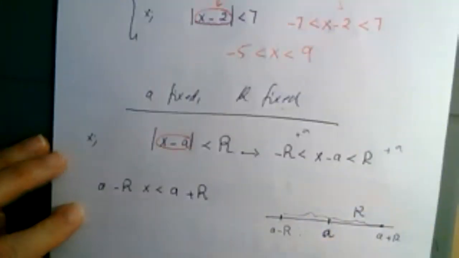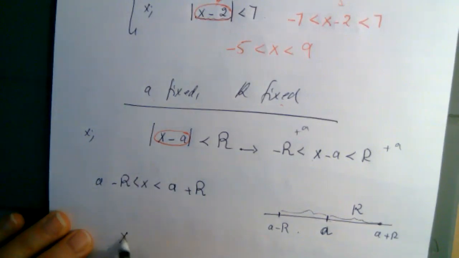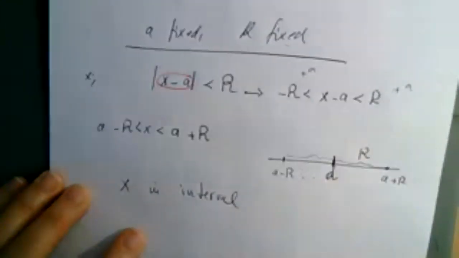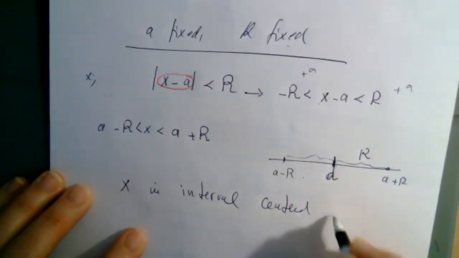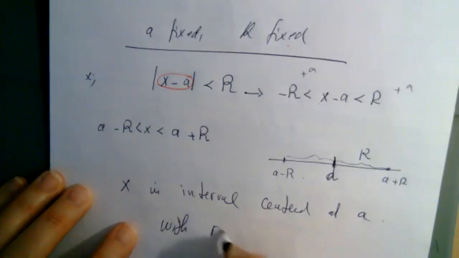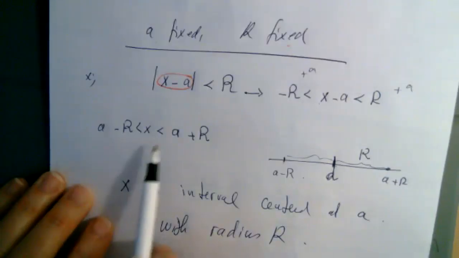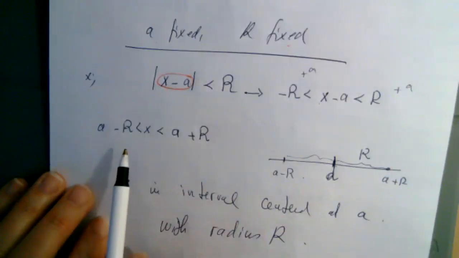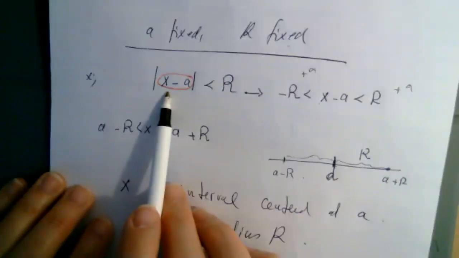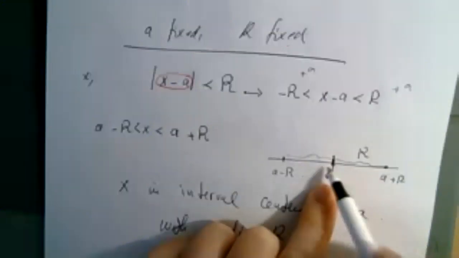It means x is in the interval centered at a and with radius r. These are the values. So if absolute value of x minus a less than r, it means x is in the interval centered at a and radius r.